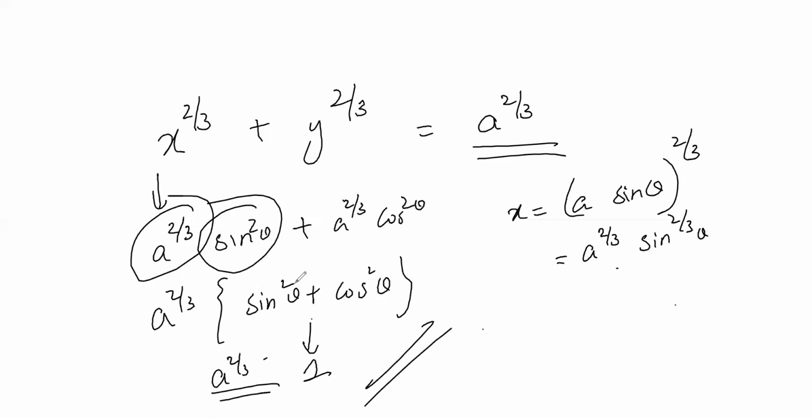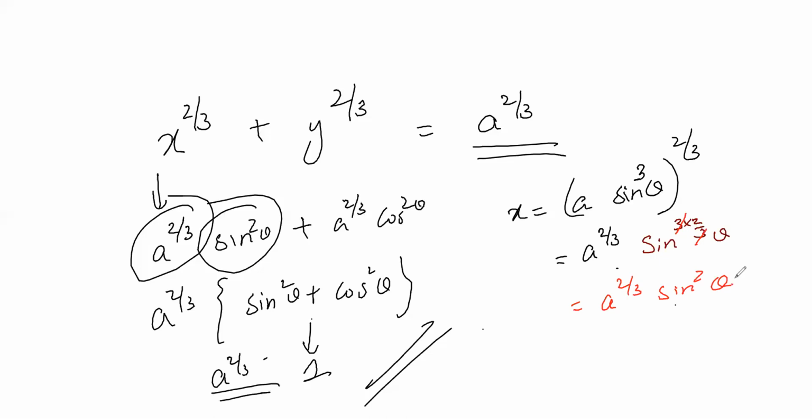But if I put x is equal to a sin cube theta, what will I get? I will get a power 2 by 3, sin 3 into 2 by 3 theta, so that I can cancel 3 and 3 and I'll get a power 2 by 3 sin square theta.